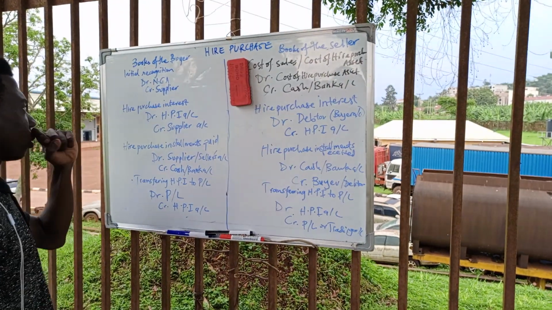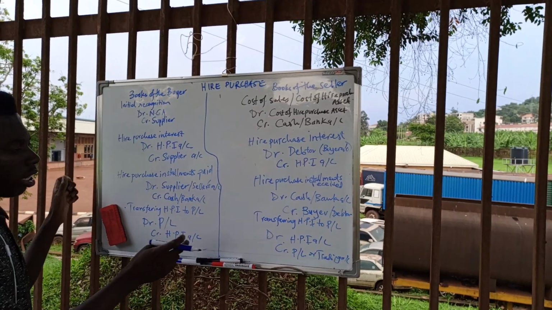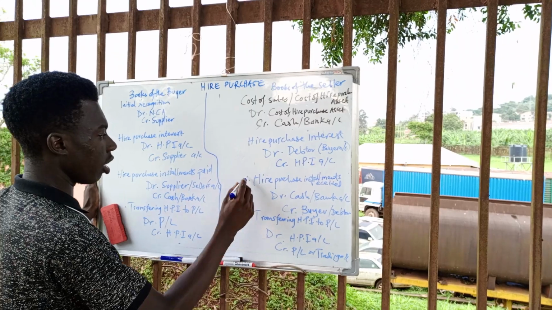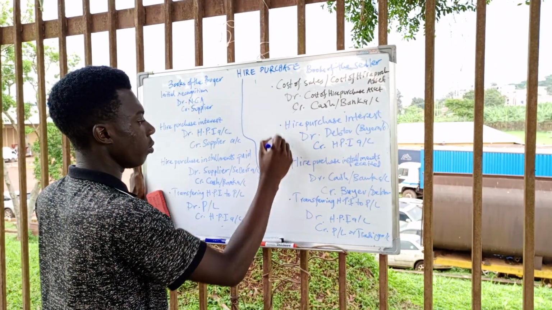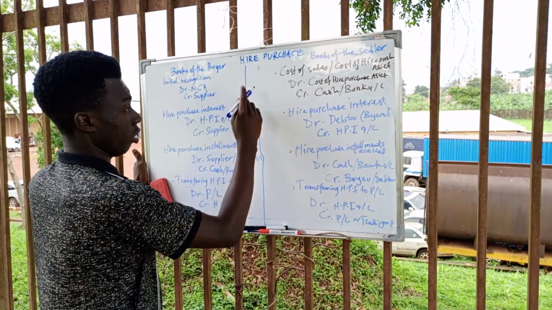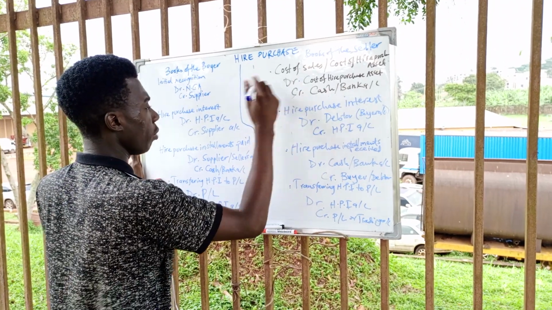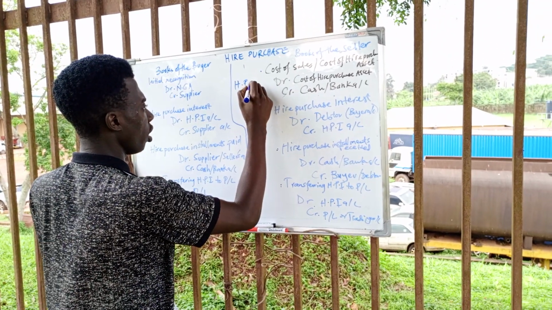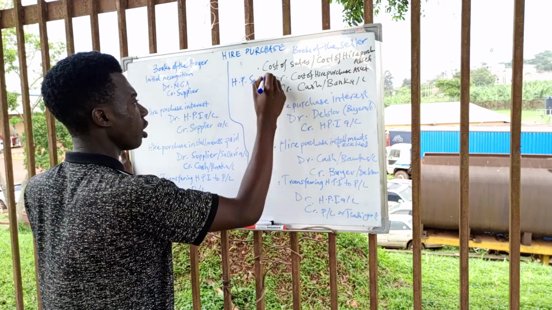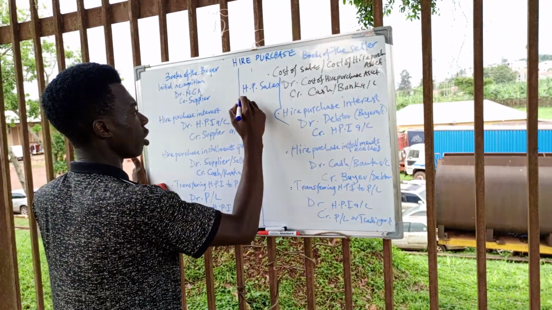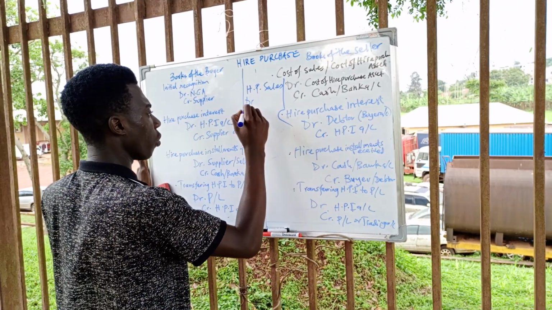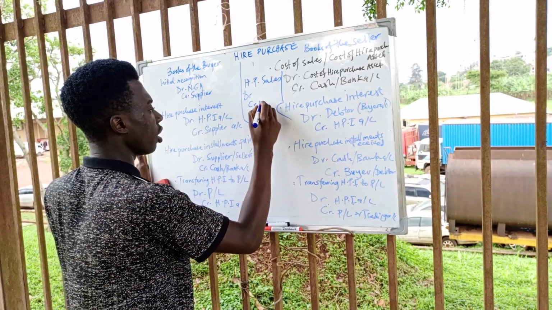Then lastly, the last entry in the books of the seller is higher purchase sales. When he makes that sale, you credit the higher purchase sales account, because sales increase by crediting.